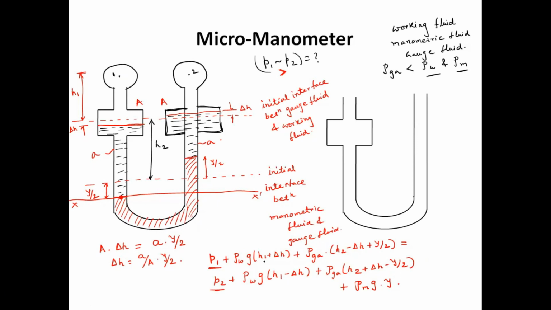Rho W g H1 and rho W g H1 will be cancelled out, and it comes to 2 rho W g delta H. So we write it as minus 2 rho W g delta H in the first term.